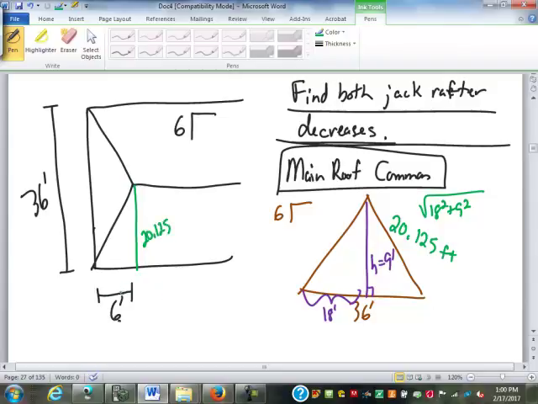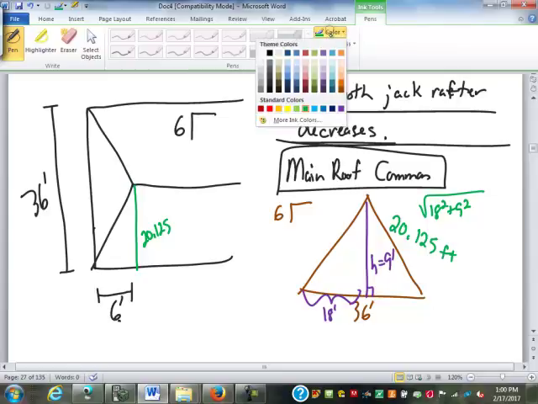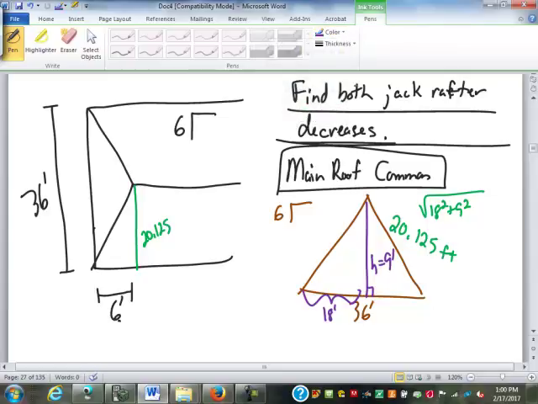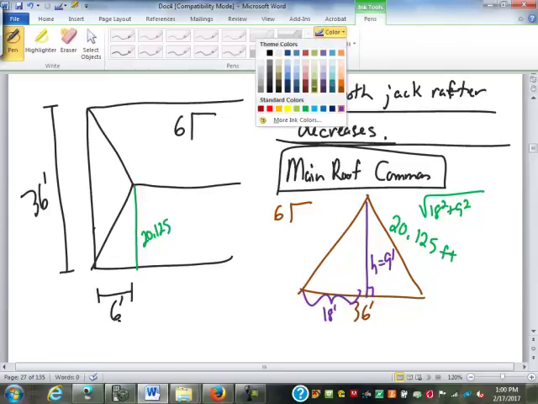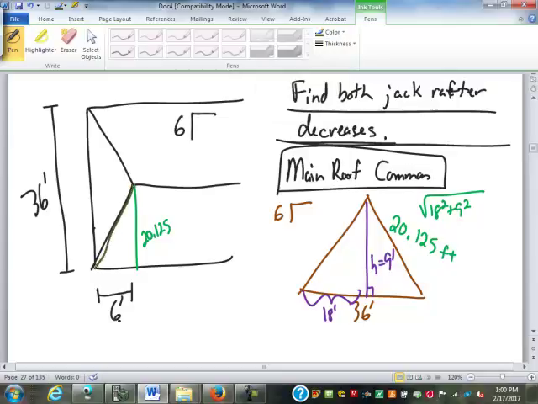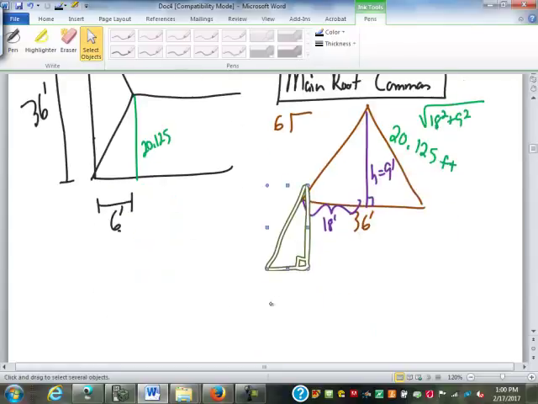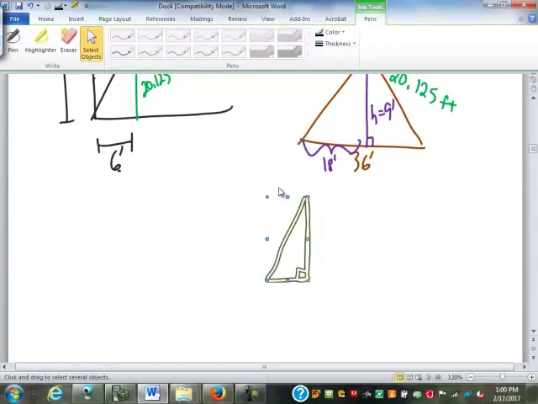Now that we already have the setback, I gave you the setback, so this next part's easier. So I can take this triangle here. We'll pull it out. What we know about it, this is 20.125, and this is 6.